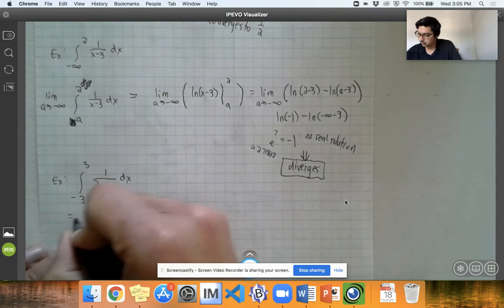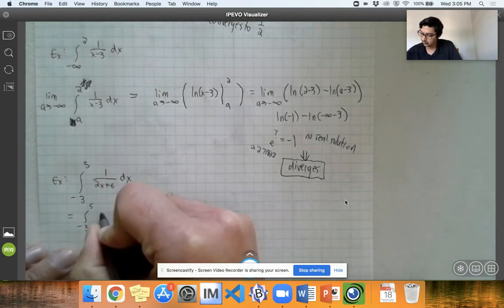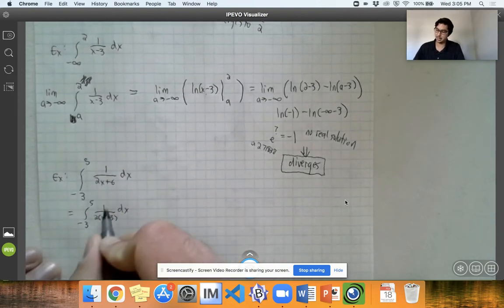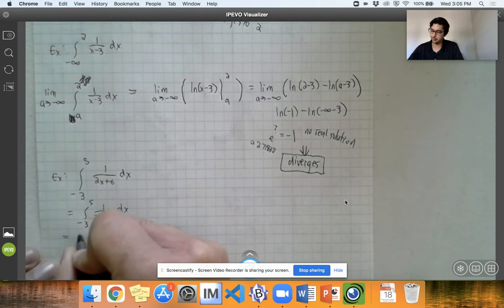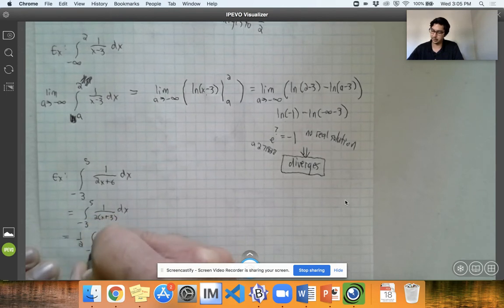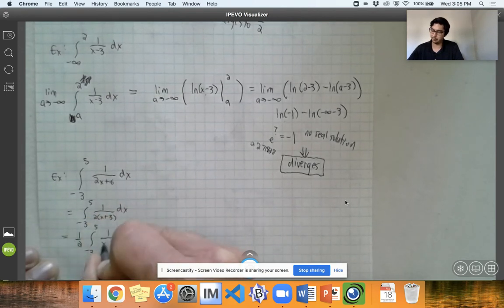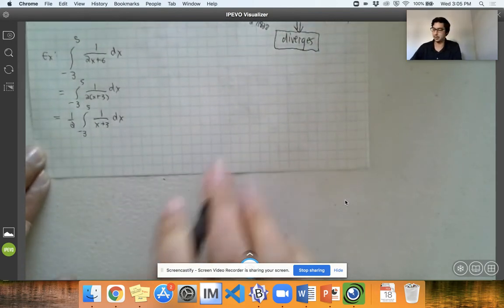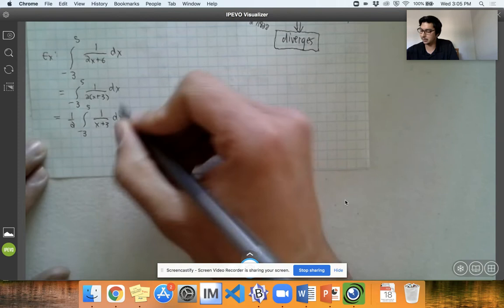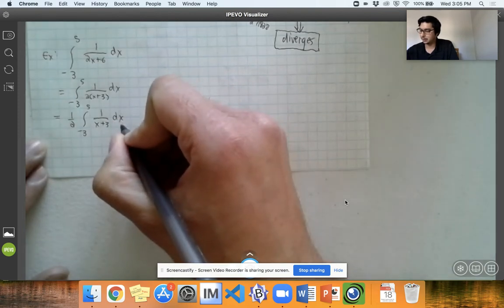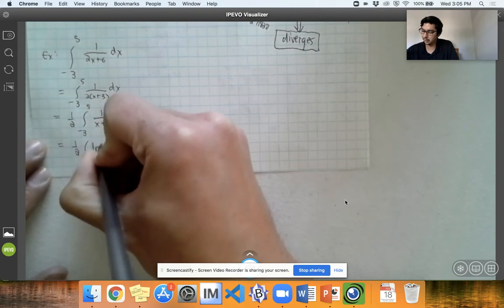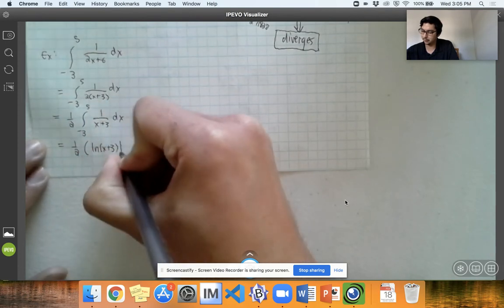I can rewrite this as negative 3 to 5 of 1 over 2(x plus 3) dx, in which that factor of 1/2 I can pull out in front just to not deal with that, and rewrite it in a format that maybe we recognize, 1 over x plus 3 dx, in which the antiderivative of this is going to be 1/2 natural log of x plus 3 from negative 3 to 5.